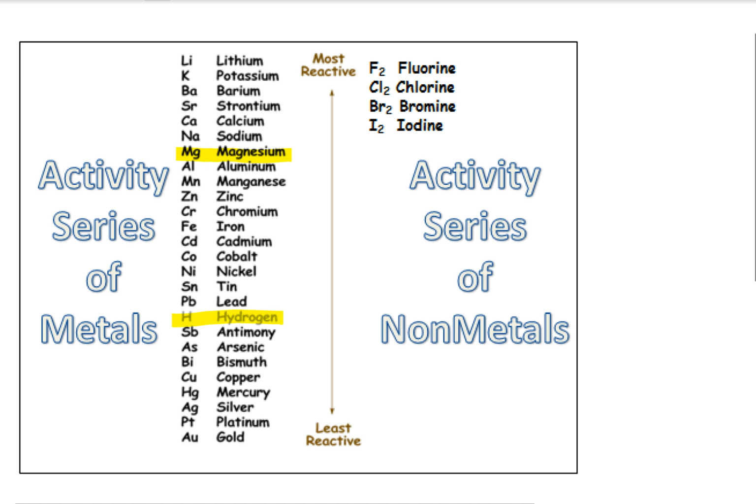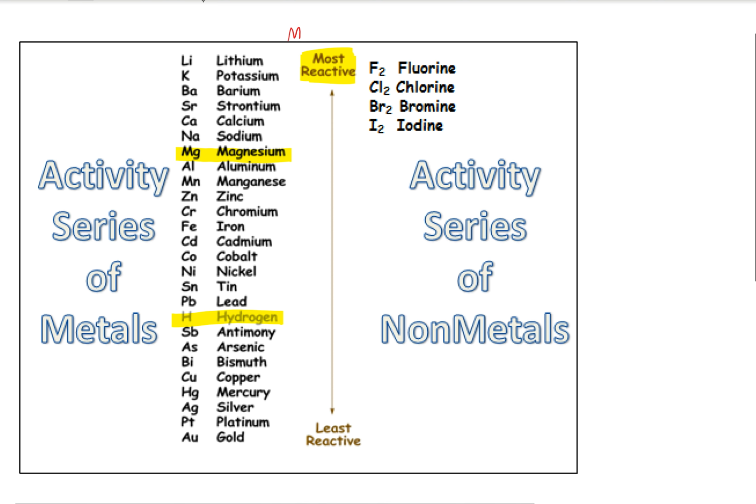And the way this table works is the most reactive elements are at the top of the list and the least reactive are at the bottom of the list. So remember what this means. Most reactive means, okay, bonded to other elements. These are going to be in your aqueous solutions.